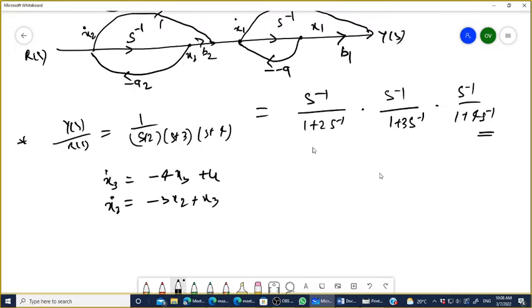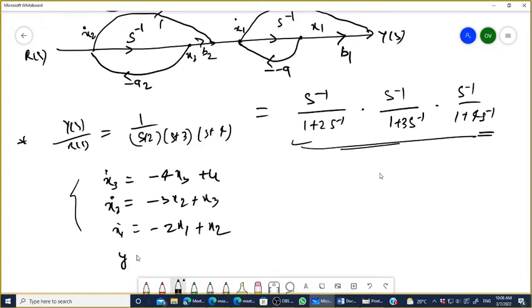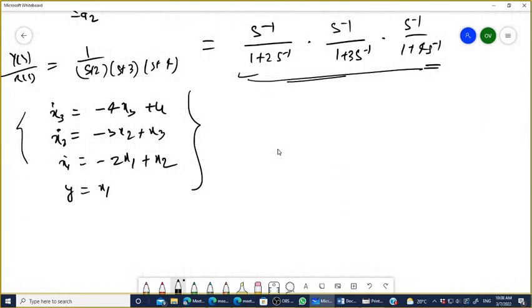You know how we can convert this? We have already studied in the different canonical forms how to represent this equation. So x1 dot is equal to minus 2 x1 plus x2, and y is equal to x1. We already know this, so based on this you can draw the picture simply.